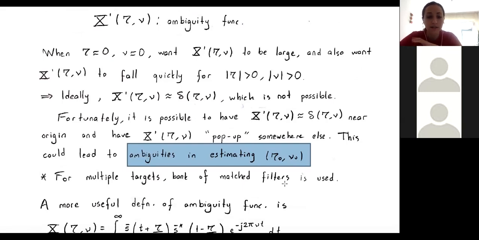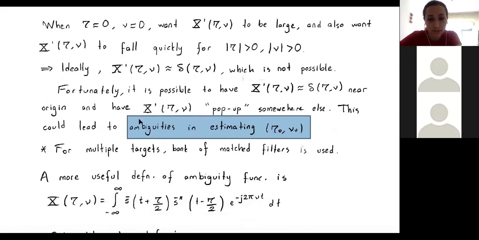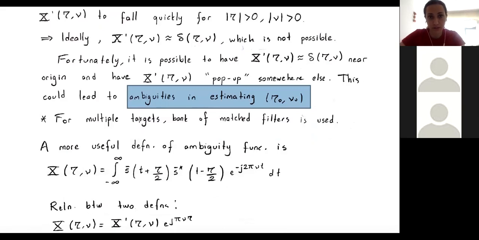Remember that we can use a single match filter for a single target. But if you want to detect two peaks, for example, then you need a bank of match filters that are designed to give you both peaks. And we're going to also discuss the relation of the bank of match filters with the ambiguity function. But before that, let's understand our ambiguity function in some more detail.